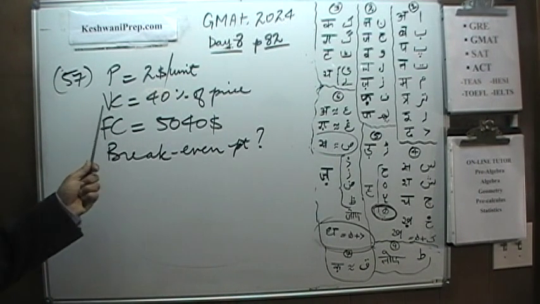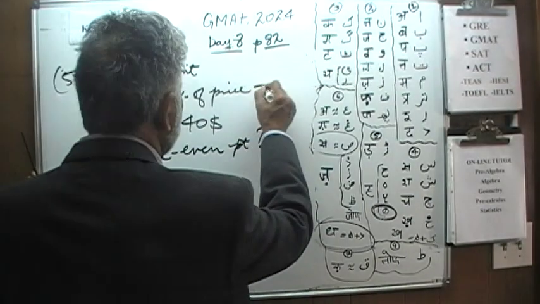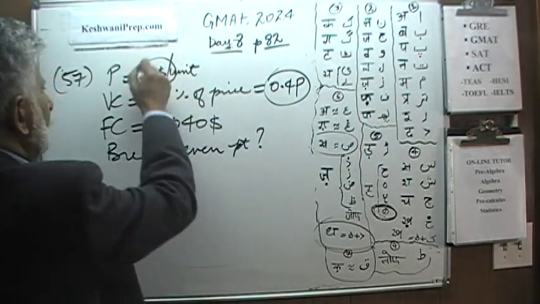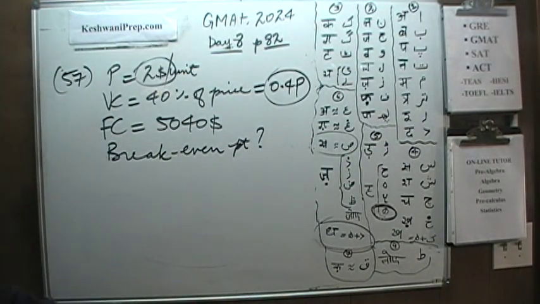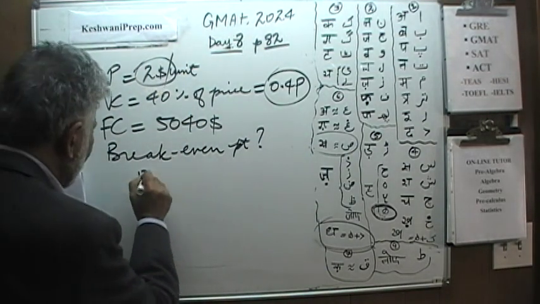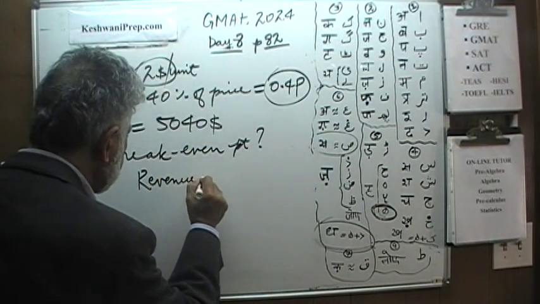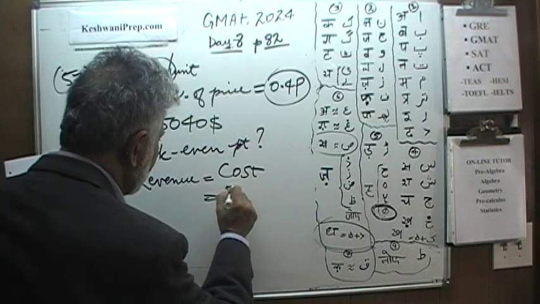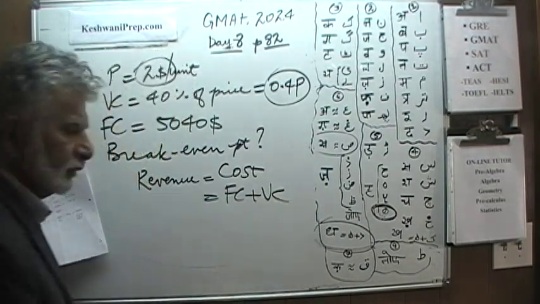Here we go then. The variable cost is 40% of the price, which is the same as saying it is 0.4 times the P. And P, of course, is $2. So to find the break-even point, we need to equate the revenue with the cost. And cost is made up of fixed cost plus the variable cost.